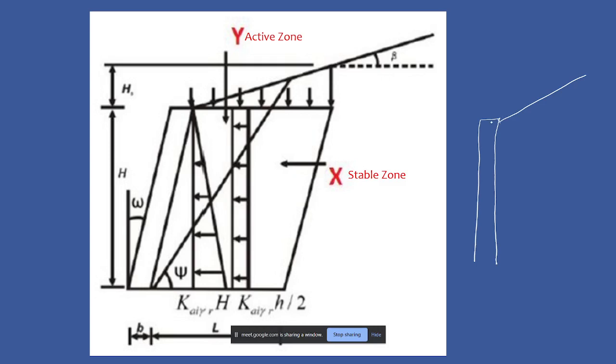This is a mechanically stabilized earth wall. So this wall is the wall available with us. This region we know is the active region, and after some part the soil won't participate in applying the lateral pressure. So we can say it is a stable zone. Yeah, this is the nomenclature we usually give. This is the active region available with us, and this is the stable zone.